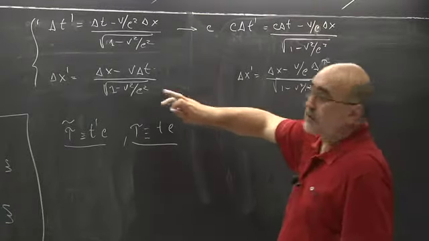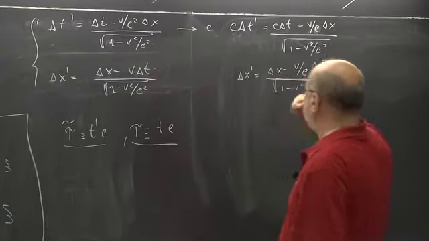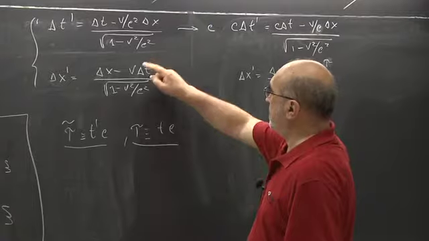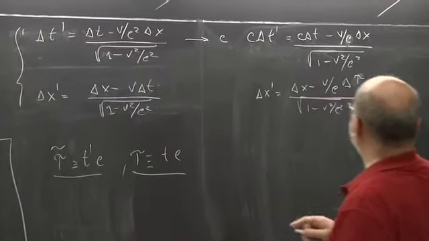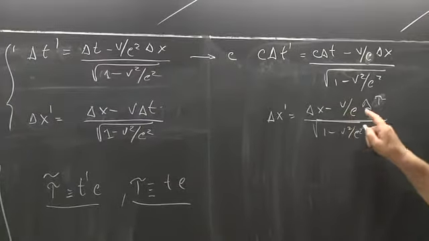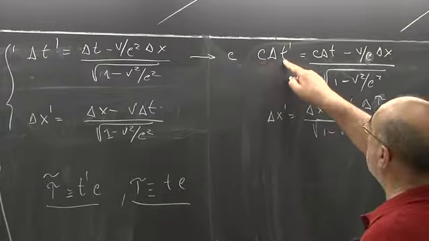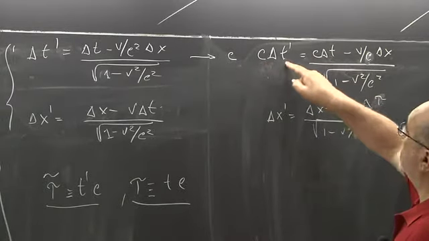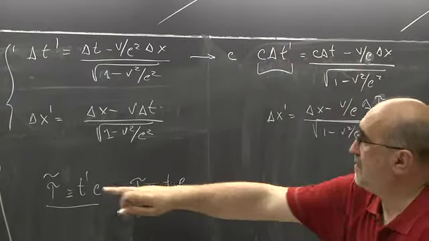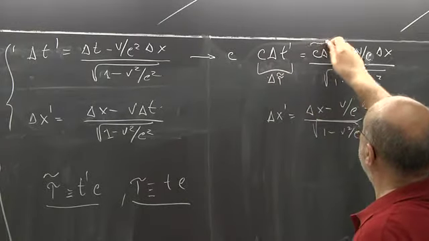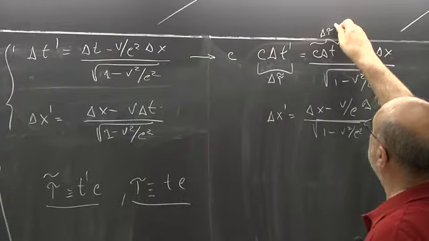Then I want to use tau also here, but we know that t and tau are related by this relation. So delta x minus v c delta tau divided by this. So this is the relation, and of course here I can now put this object from this definition. This object is delta tau tilde, and this object is delta tau.